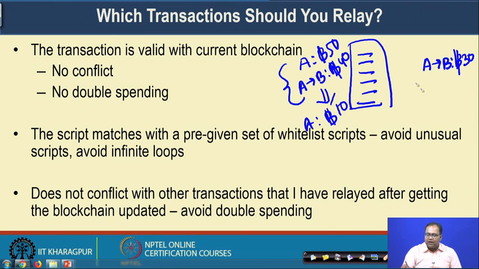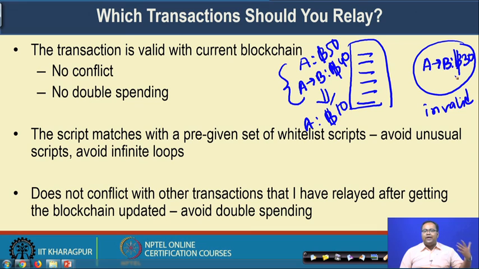So the transaction she is going to do right now is not a valid transaction. That way, by looking into the existing history of transactions, you can determine whether a particular transaction is valid or not.